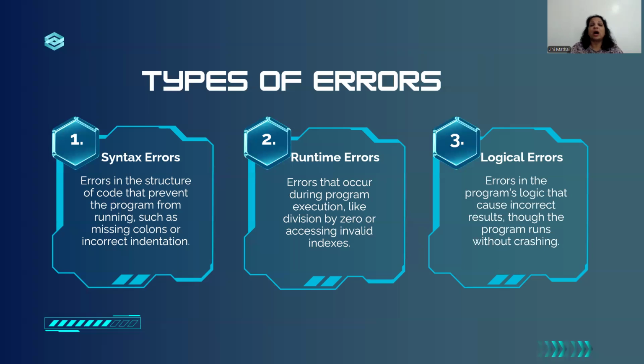So I need to correct the code or put the logic right or put the formula right. These errors won't be detected by Python. It is the programmer's duty to detect such errors. So these are the three types of errors: syntax errors, runtime errors, and logical errors.